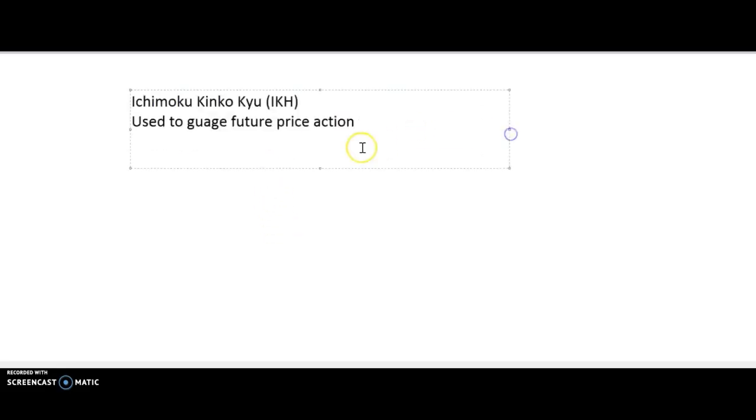Okay, so let's break this down. We were talking about the Ichimoku Kinko Hyo, abbreviated as IKH. Let's go into detail about each line. We have the Kijun Sen, which is the blue line.